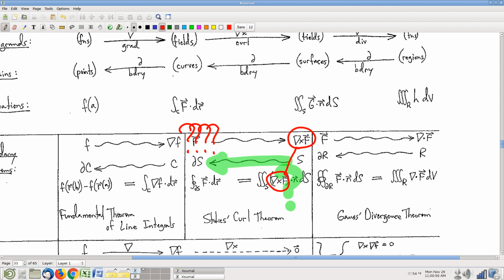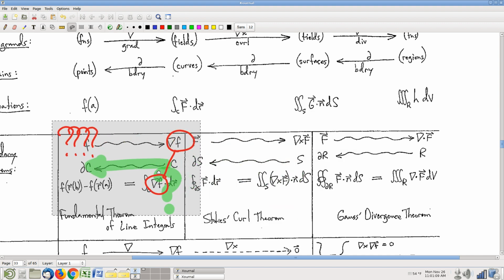And here's the bad news. Most of the time, you can't find anti-curls. Anti-gradients are pretty easy. We have a total formula, by the way. The analogies are super strong. Finding an anti-gradient is a process.